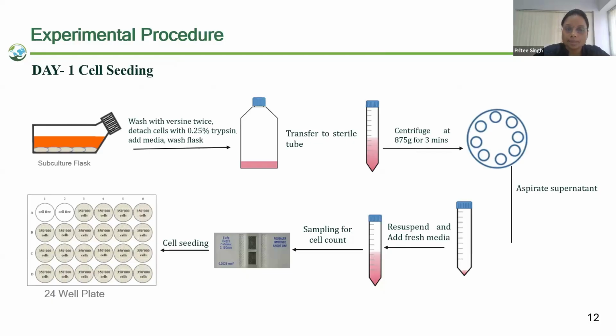The media already present in the subculture flask is removed, and then it is washed twice. As the cells have the property of being adherent, to detach the cells from the subculture flask, trypsin is used.